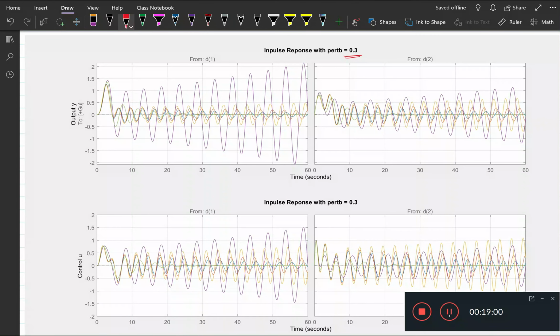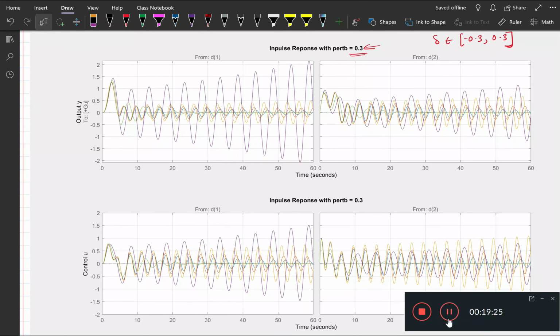So there are some values of K within plus minus 0.3 that the nominal controller is not able to stabilize. So clearly the nominal controller is not robustly stabilizing for delta in the range minus 0.3 to 0.3.